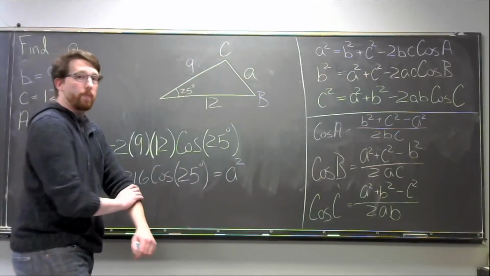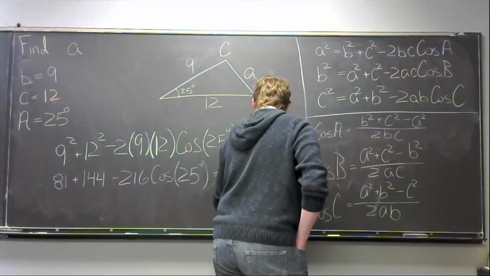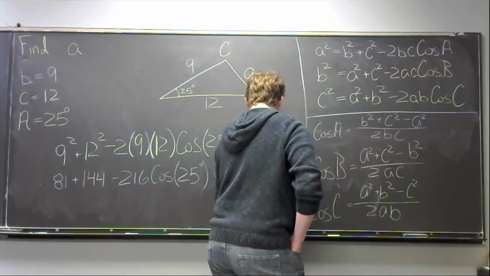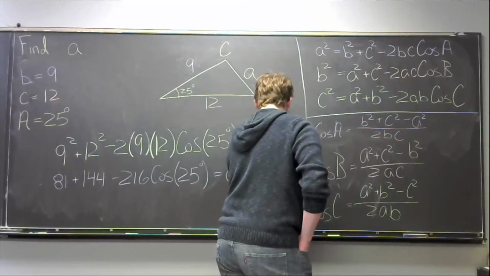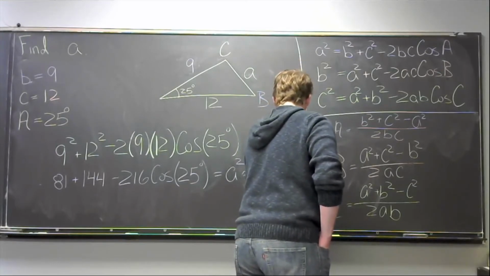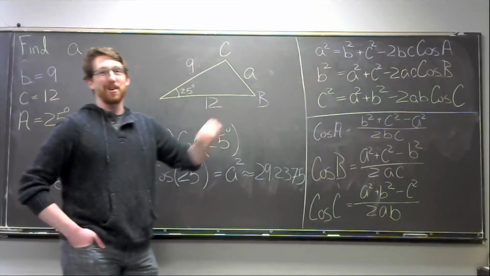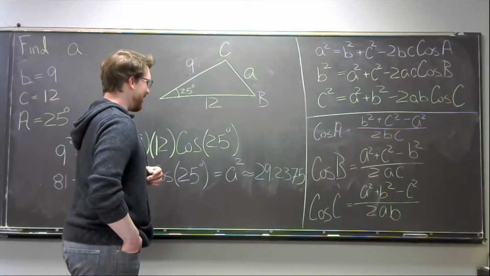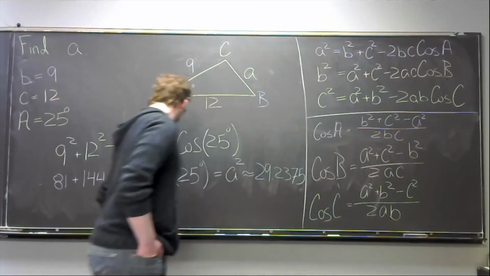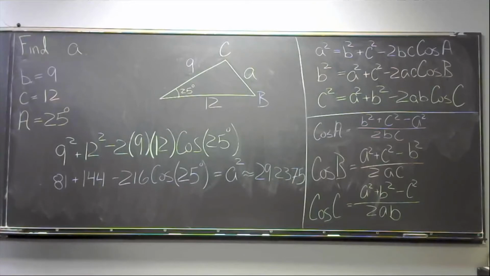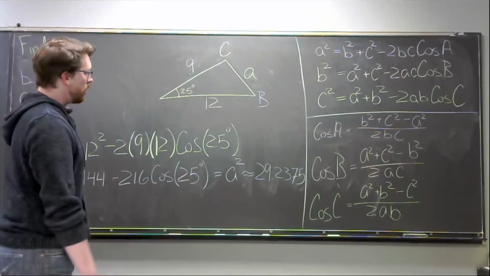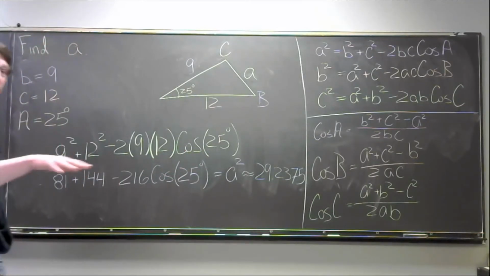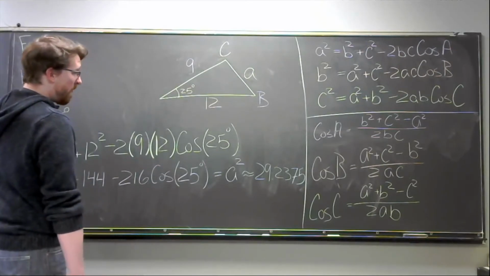Working all of this through, we're going to get that this is about 29.2375. I went ahead and wrote it on the board opposite of me. That's why I keep looking over my shoulder. So if A squared is about 29.2375, then A is going to be about 5.4.